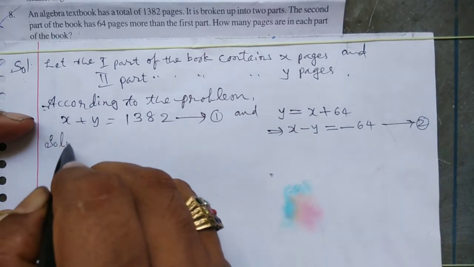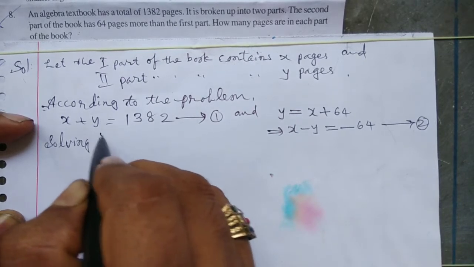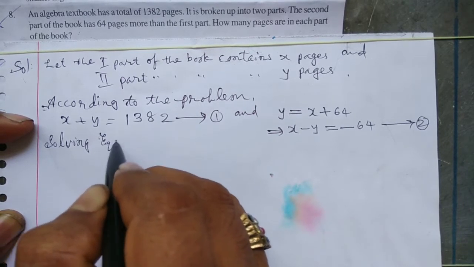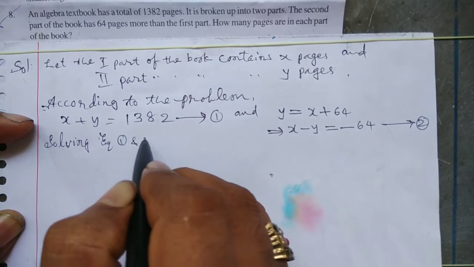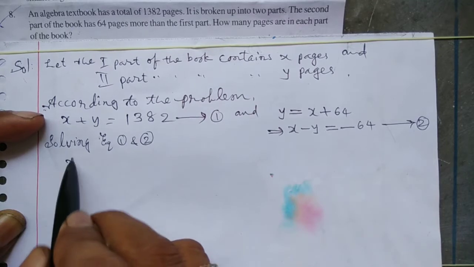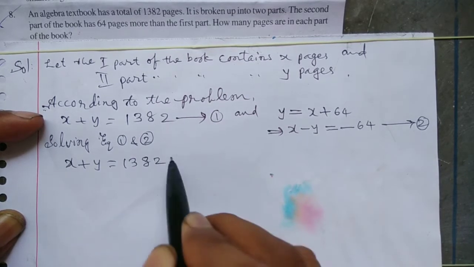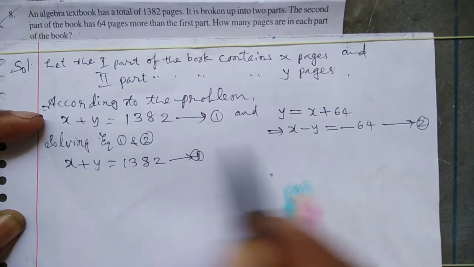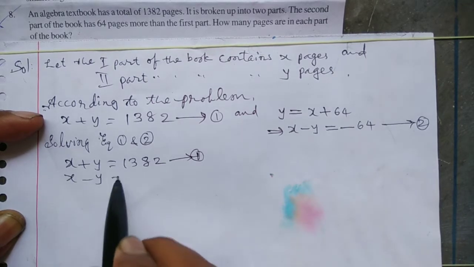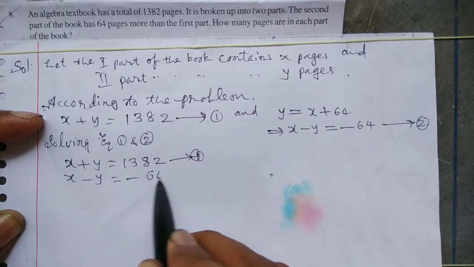Solving equations 1 and 2: equation 1, x plus y is equal to 1382. Equation 2, x minus y is equal to minus 64.